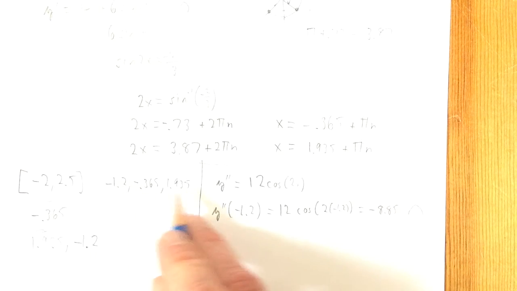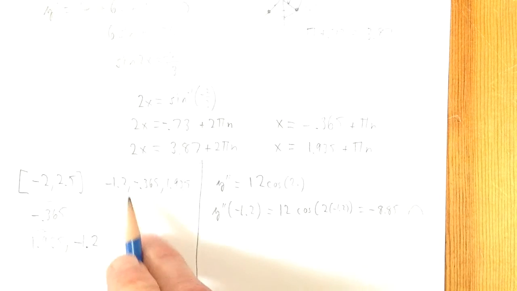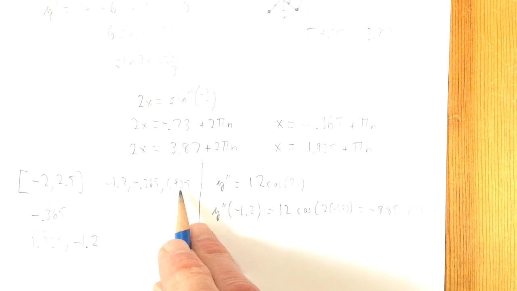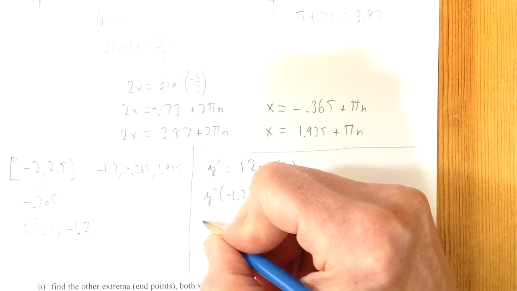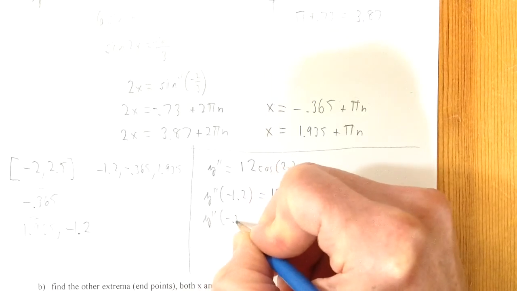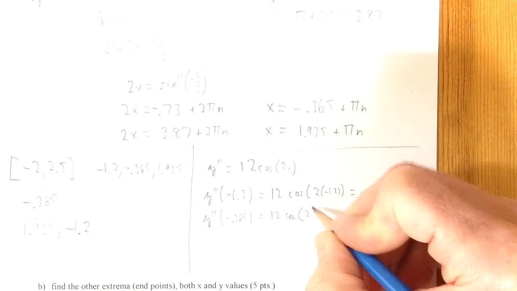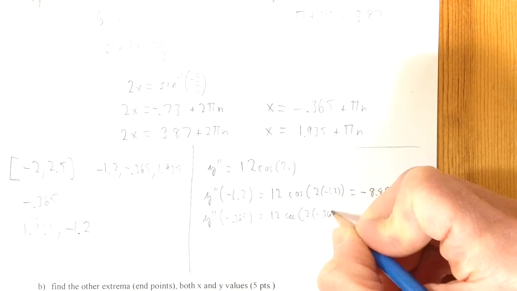Therefore, this one should be a minimum, and that one should be a maximum. You can't go any other way, so it has to be max, min, max. If we plug this in, we should get positive, and if we plug that in, we should get negative. Let's try negative 0.365: 12 times cosine of 2 times negative 0.365, with the calculator still in radians, and I get 8.94.